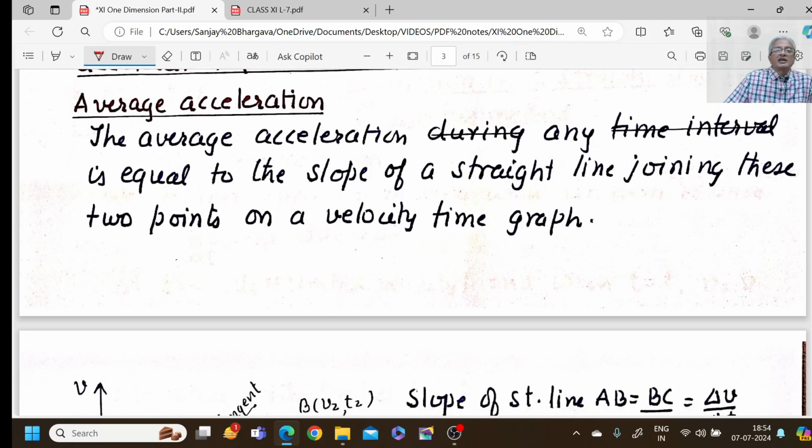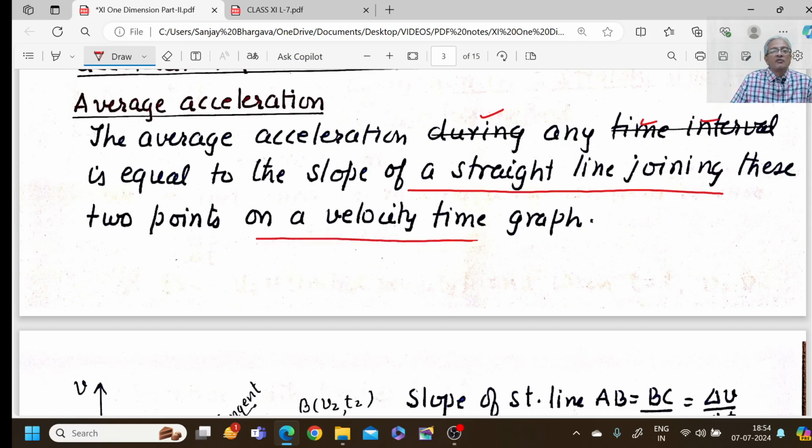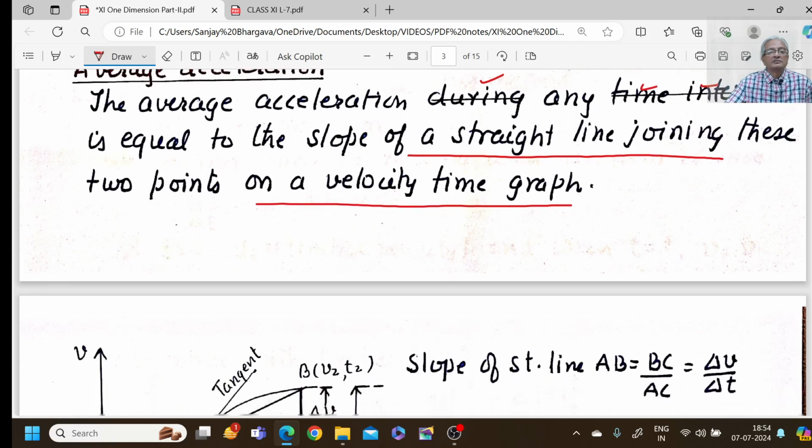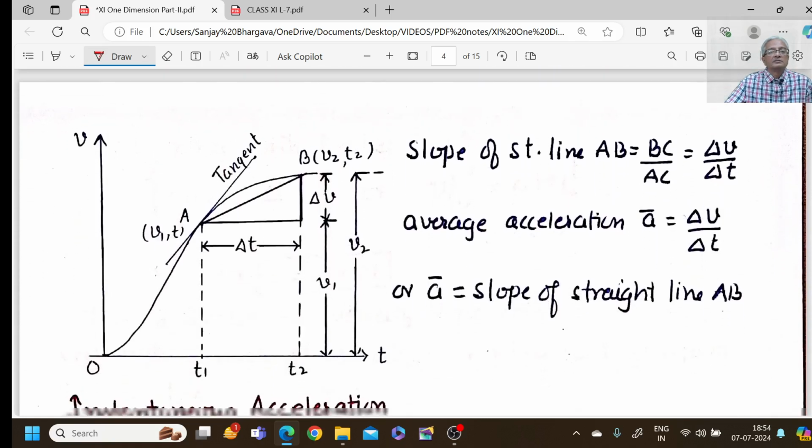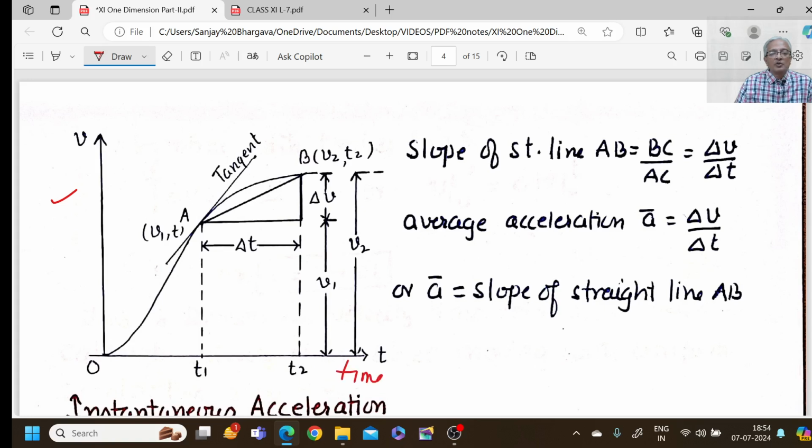The average acceleration during any time interval is equal to the slope of a straight line joining these 2 points on a velocity time graph. So this represents a velocity time graph. On the x-axis, you are plotting time.